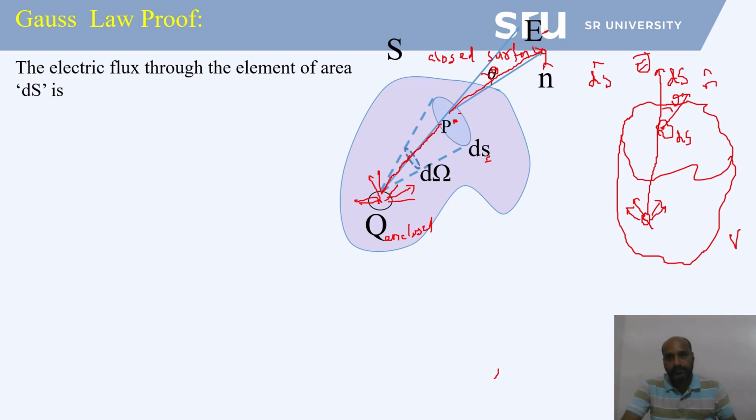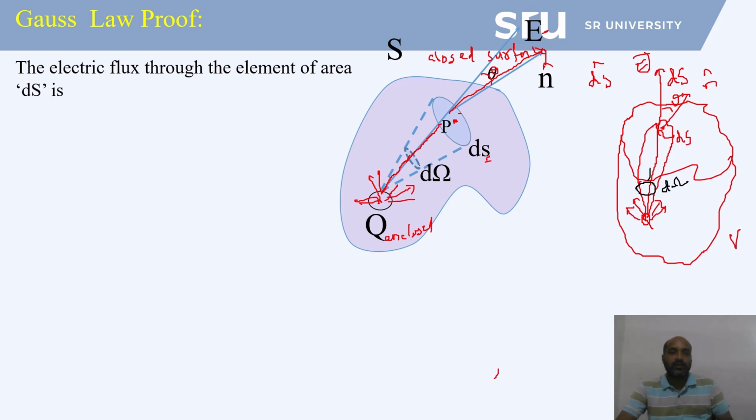This is theta. Now this charge q is making a solid angle d omega here. Right, this is the three-dimensional view of this diagram.